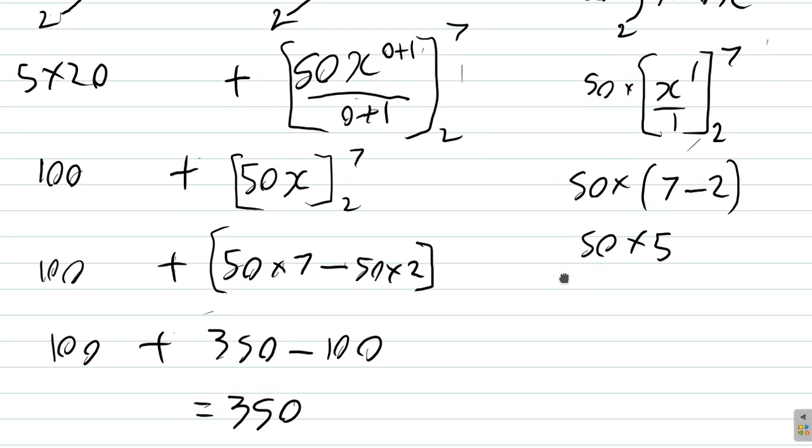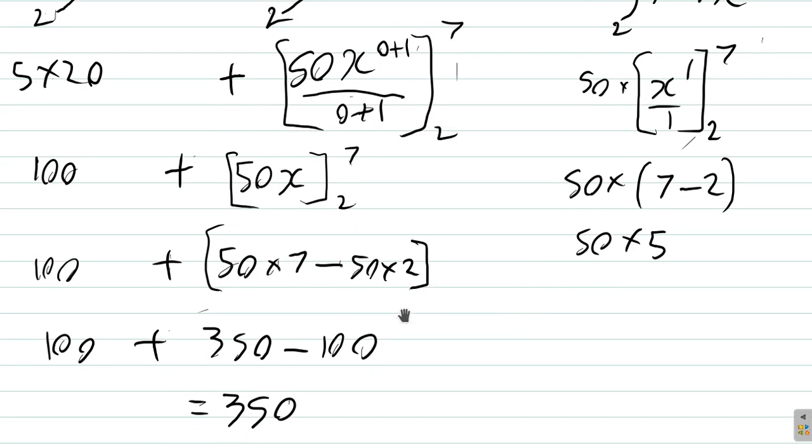So what you have is 350 minus 100, which would be 250. So in this case, you will get 250 just for this part here.